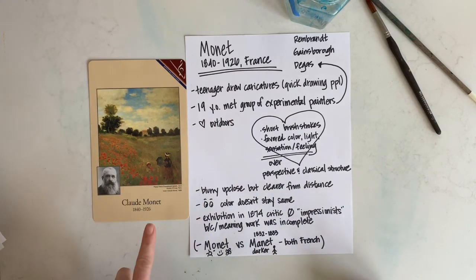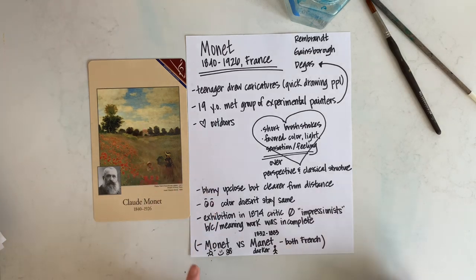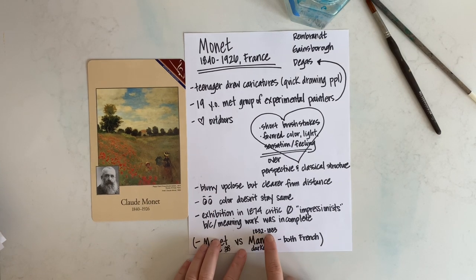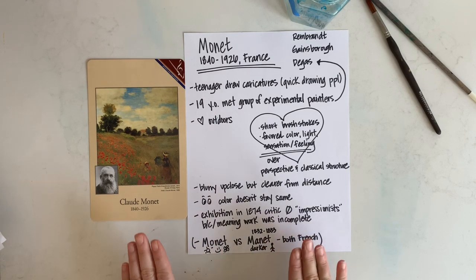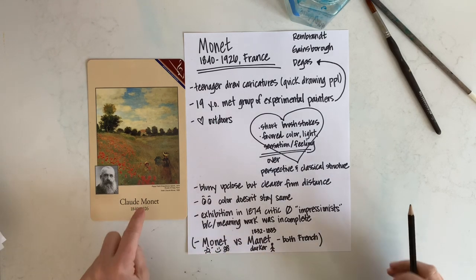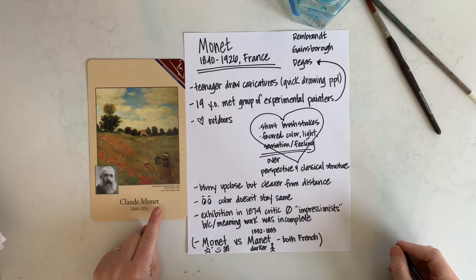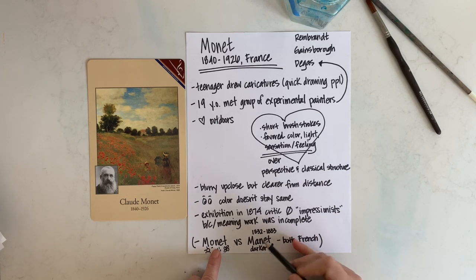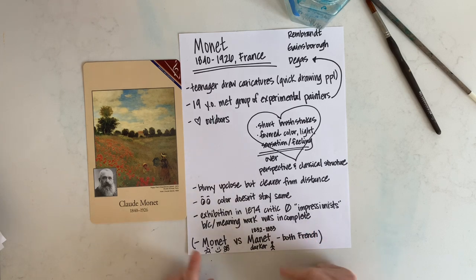Now, one thing to note about Mr. Monet, who was born in France: there's another artist that lived at about the same time, 1832 to 1883. He also lived in France. So they were both French artists at the same time, and there's one letter difference in their name. If you went to search for Monet and typed M-A-N, Manet, you would get a completely different artist.